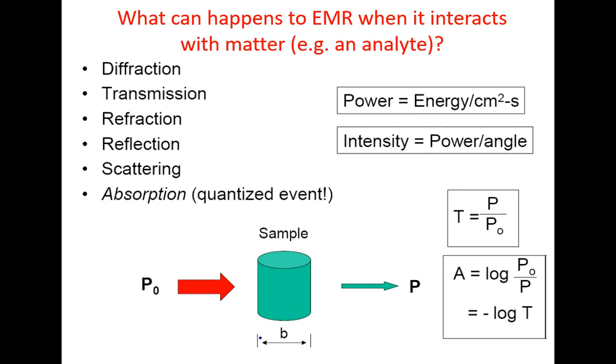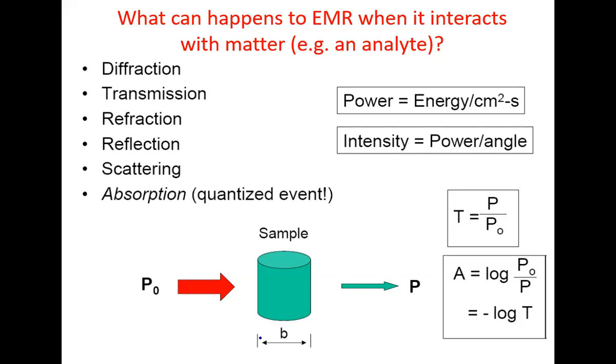And notice it has a distance that the light travels through. That is B. The length through which the light travels when it interacts with the analyte is B. That's what we call the path length, B, or sometimes we call it L.